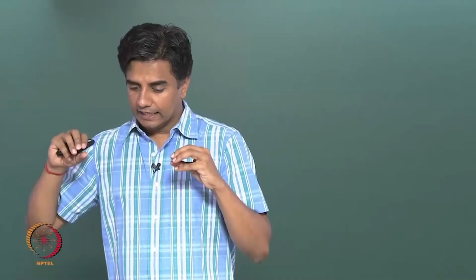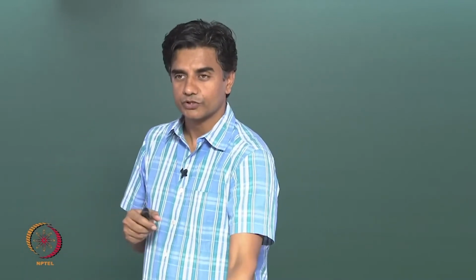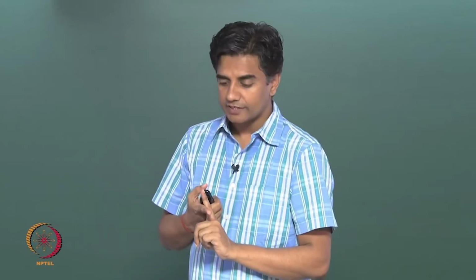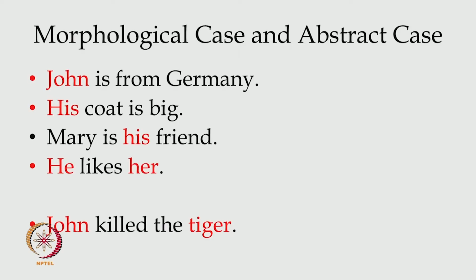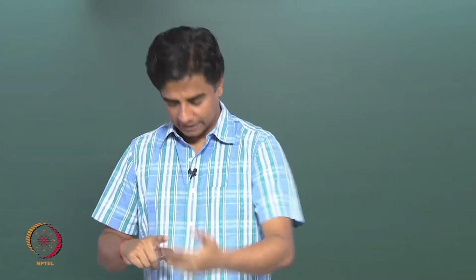On noun phrases. How they get manifested on noun phrases is what I am going to show you a little later, but some examples of cases are nominative, objective, possessive, and I am going to show you a few more examples. These are some examples of cases.